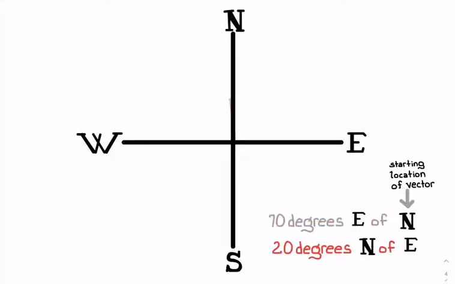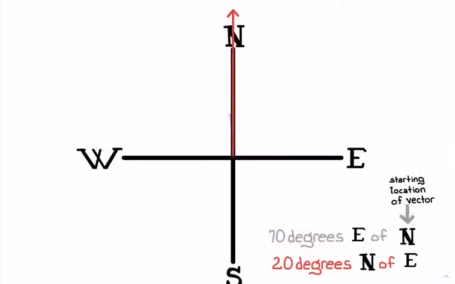East of north because if we picture an object moving due north, but then taking that vector and rotating it towards the east, which would be clockwise, we would need to rotate this vector 70 degrees.